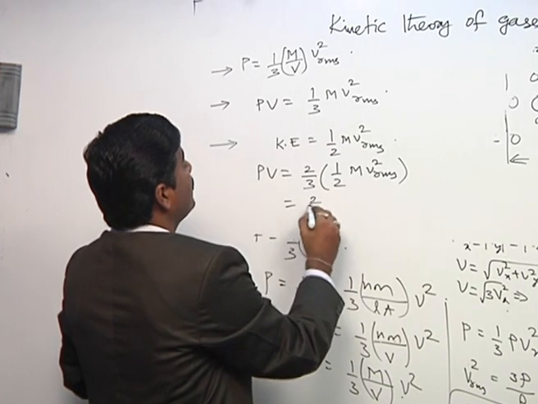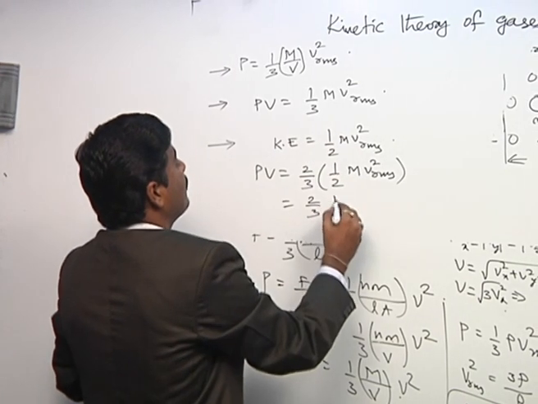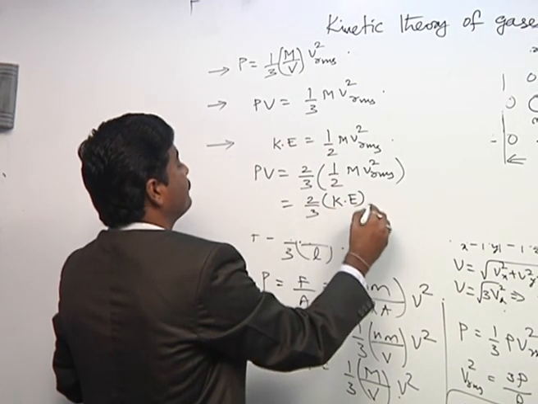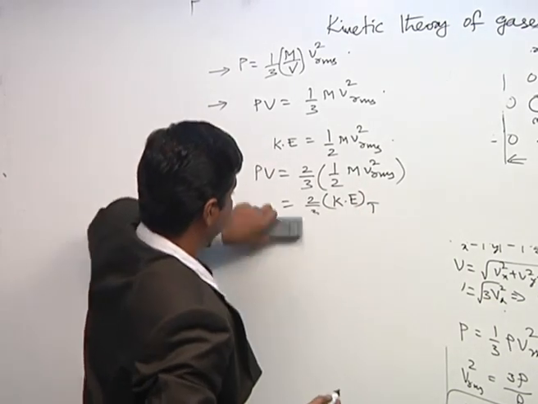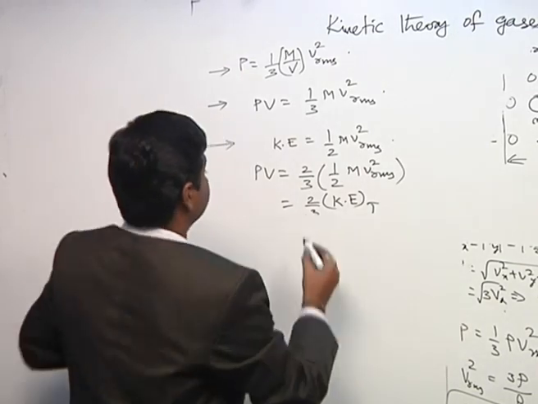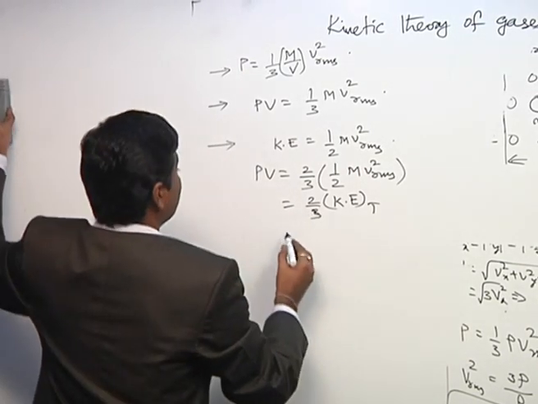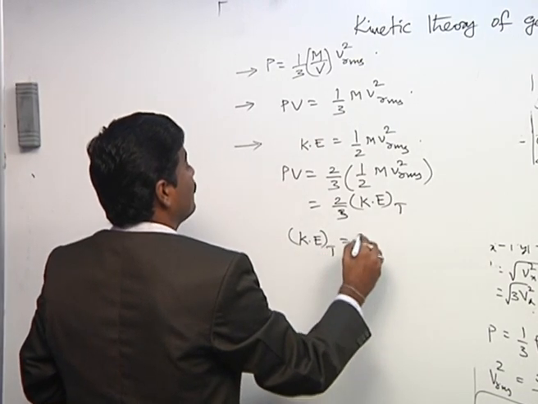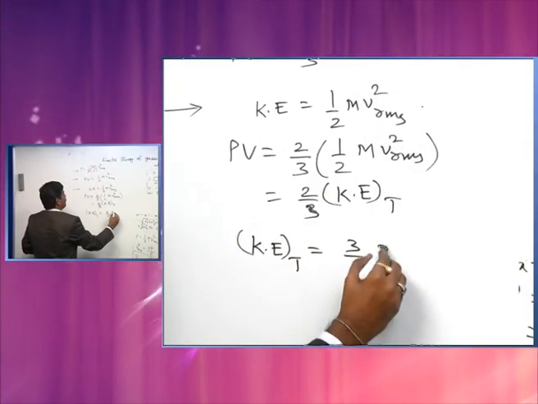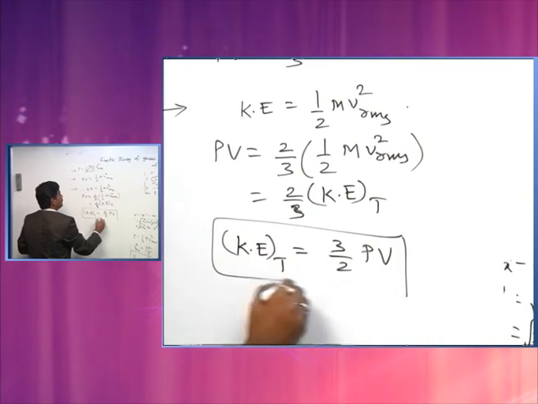See here, this is the translational kinetic energy. Therefore the translational kinetic energy can be equal to 3 by 2 PV. This is another conclusion from this derivation.